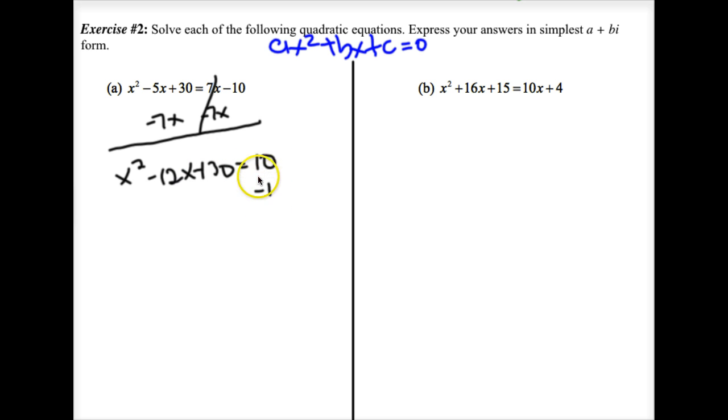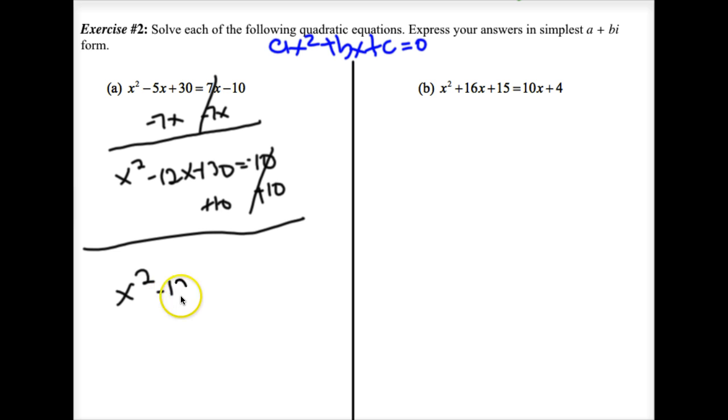Now I want to subtract 10, sorry, I want to do the inverse on both sides. This is canceled. I'm left with x squared minus 12x plus 40 equals 0. Now this looks like something that I can work with.